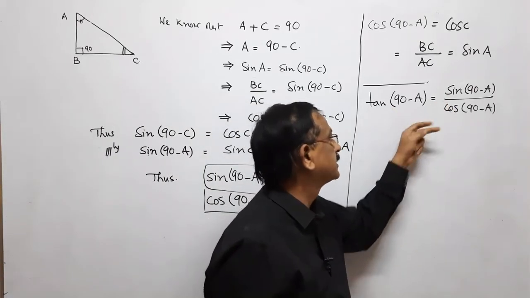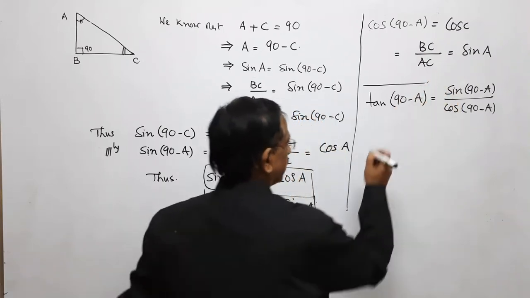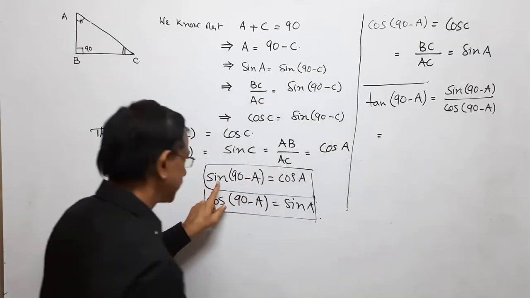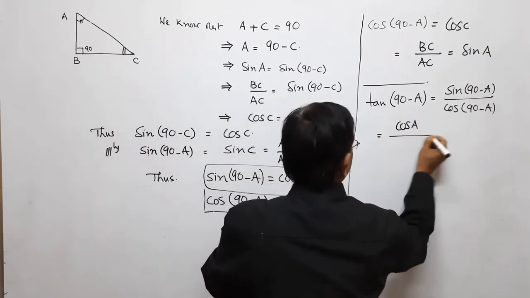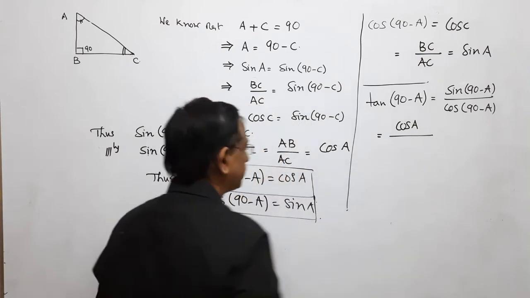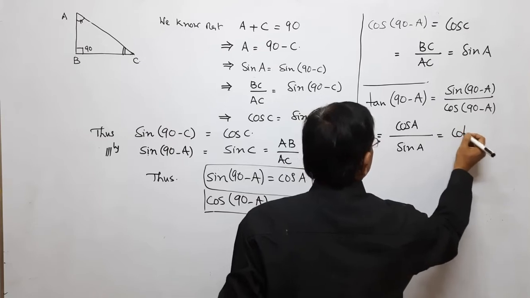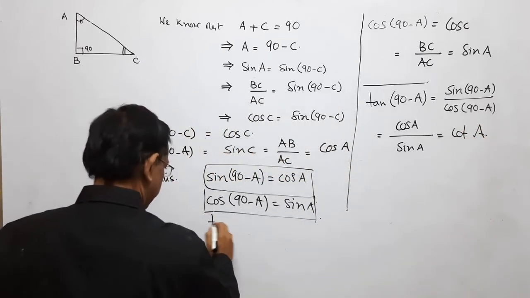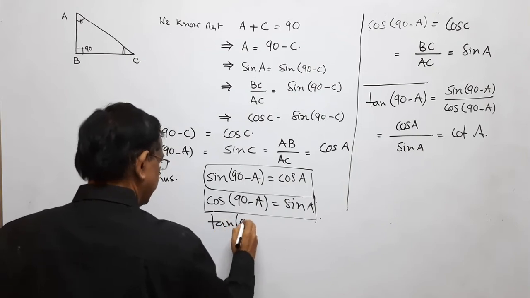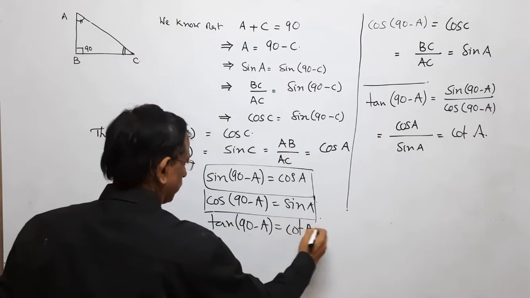So tan 90 minus A is sin 90 minus A by cos 90 minus A. That is equal to cos A by sin A, since sin 90 minus A is cos A and cos 90 minus A is sin A. So this becomes cot A. So I have tan 90 minus A is equal to cot A.